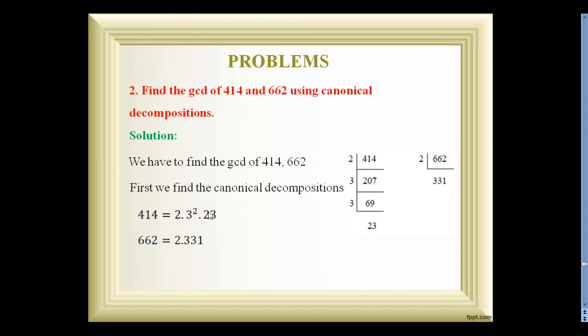Now these 3 square, 23, 331 are not common. The common element among the two numbers is 2. So 2 power 1, here also 2 power 1. Which is the minimum power? Only the minimum power we have to take. So the minimum power is 1. So what is my answer? The GCD of 414, 662 is 2.